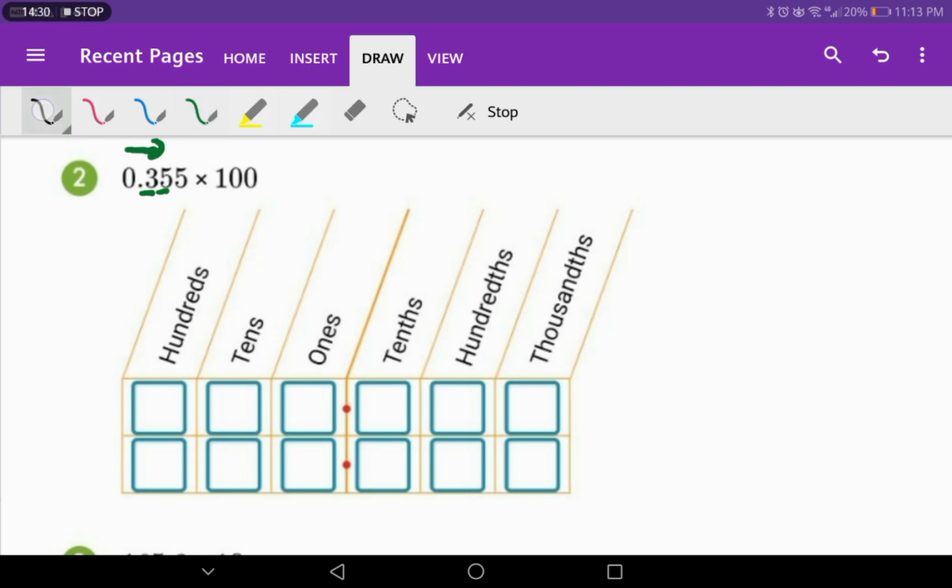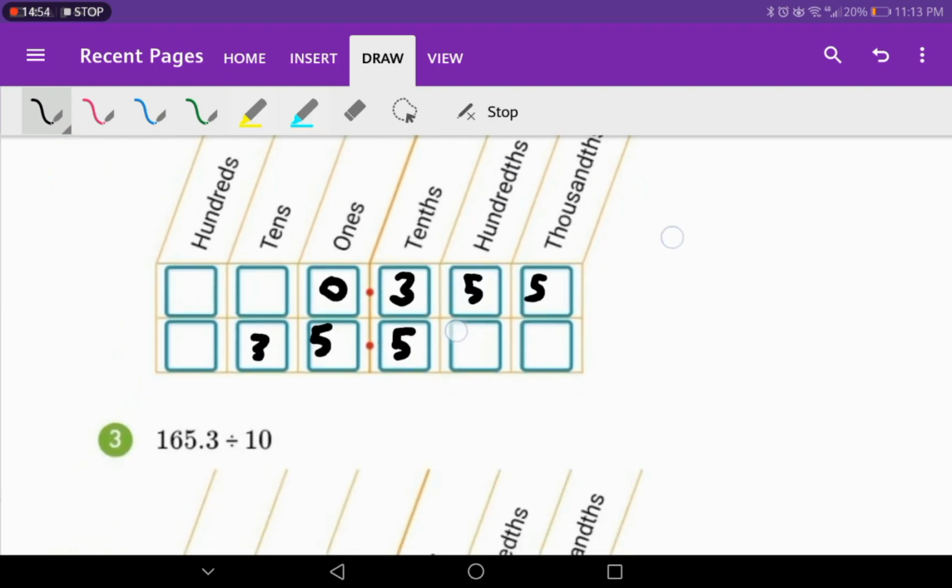So it was here 3, 5, 5, and the 0 here for decoration. And after I multiply it by 100, it will be 35.5. Let us move to the next here.